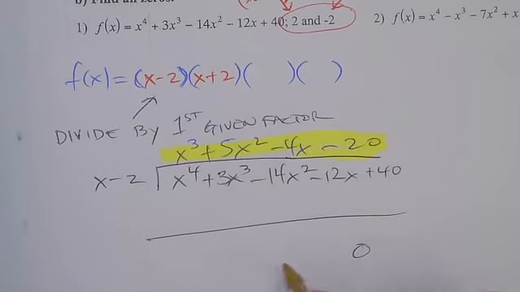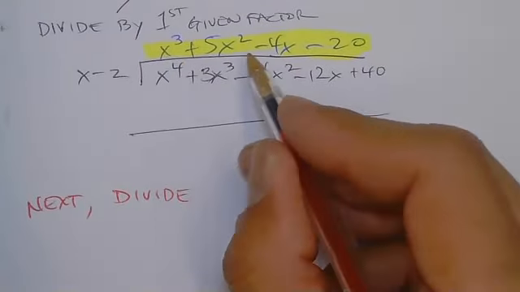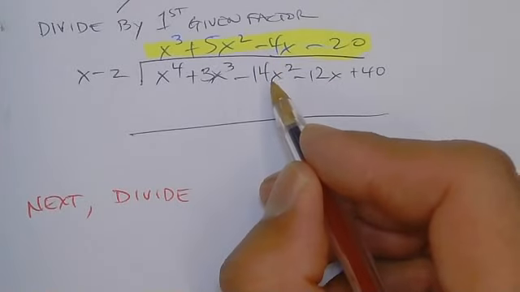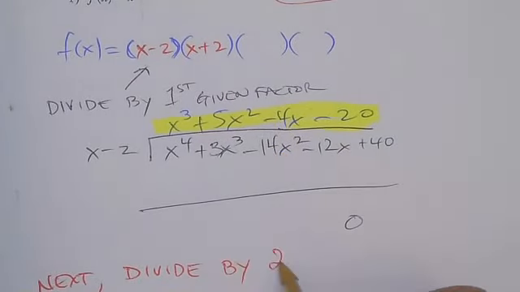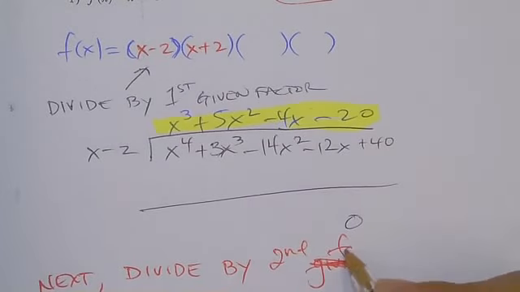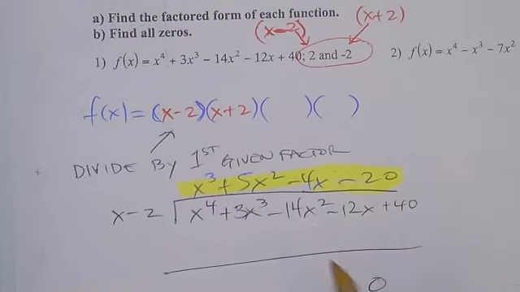Next, what? Divide by what? Divide this x cubed plus 5x squared minus 4x minus 20. Don't go back and divide it into the main one. Divide this by the second factor. Well, it wasn't given, but the second factor.